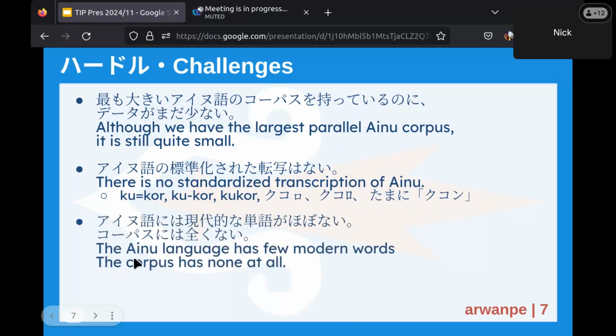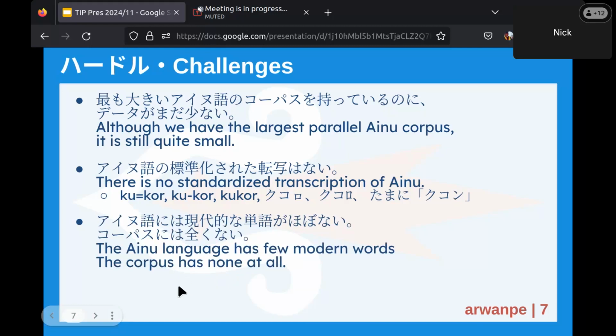The Ainu language has few modern words, and the corpus has none at all. Ainu is not a dead language, but it is a dying language. And although there are ongoing efforts to revitalize the language that I want to assist, there is no consensus and not much movement that I have found to incorporate modern words into the language yet.